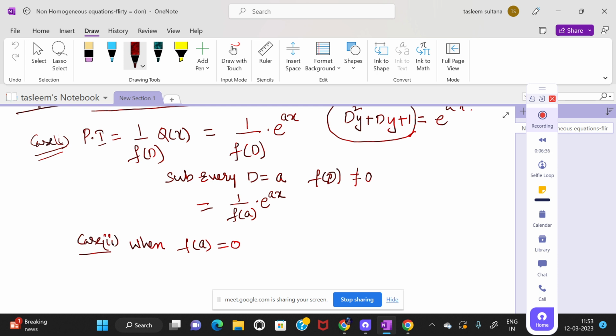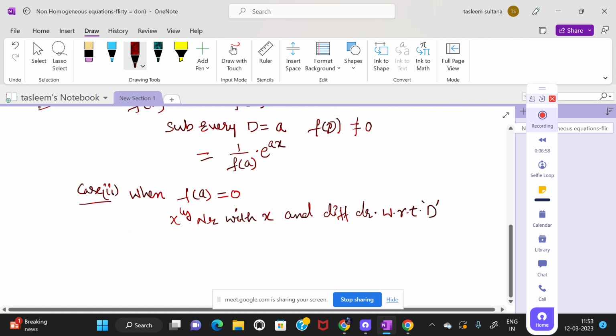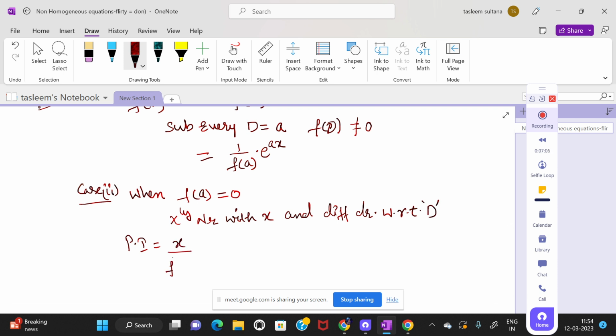In that case, you multiply the numerator with x and differentiate the denominator with respect to D. So your PI will become x divided by f dash of D into e to the power of ax.